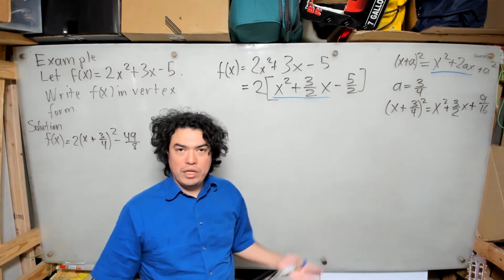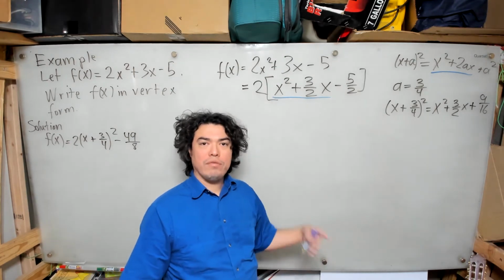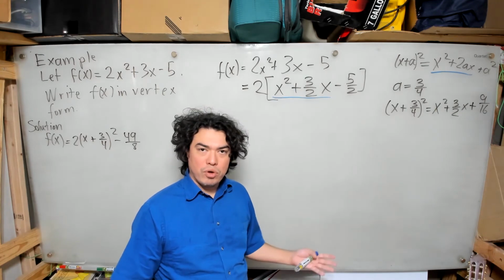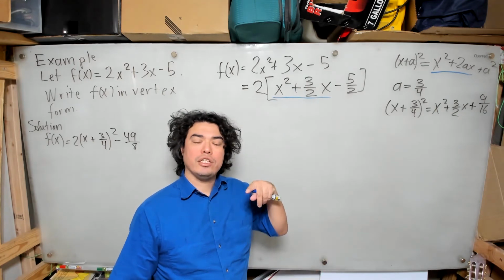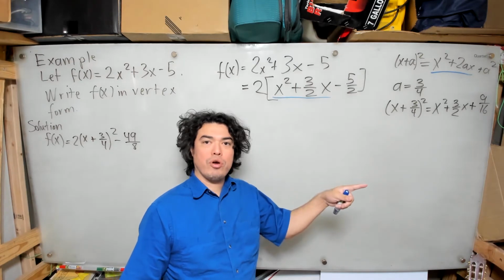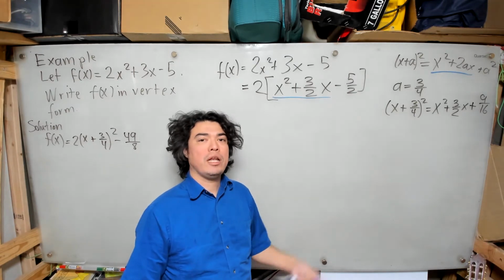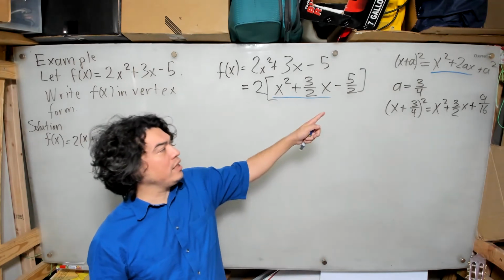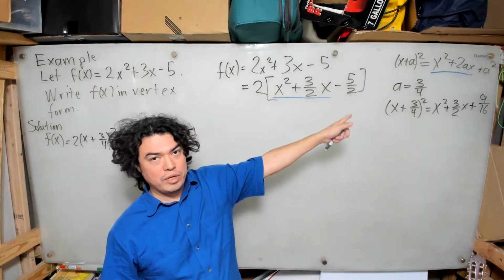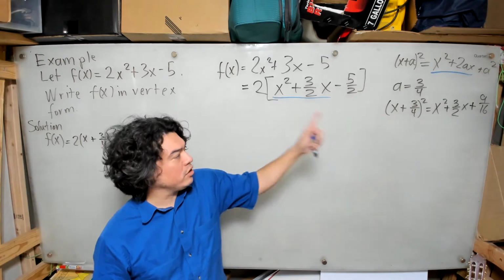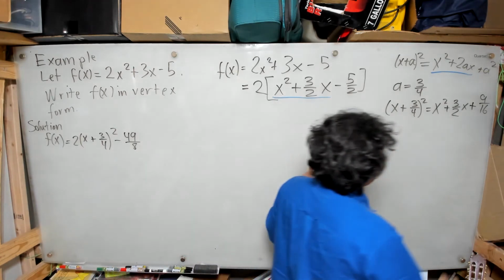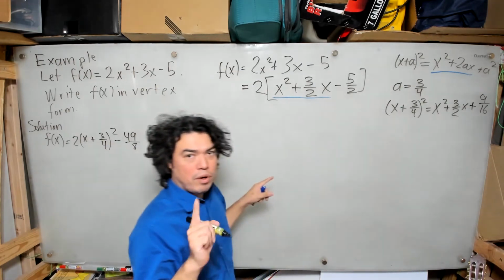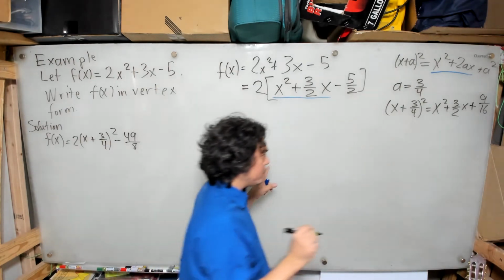What does it mean to square a number? It means you multiply that number with itself. So 3/4 squared means 3/4 times 3/4. What's the product of two fractions? It's the fraction whose numerator is the product of the numerators, and whose denominator is the product of the denominators. In this case, 3 times 3 is 9, 4 times 4 is 16, and so 3/4 squared is 9/16.